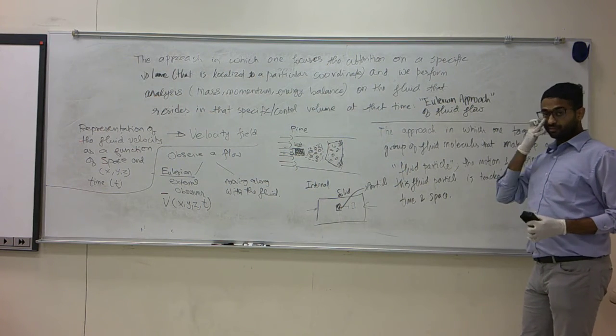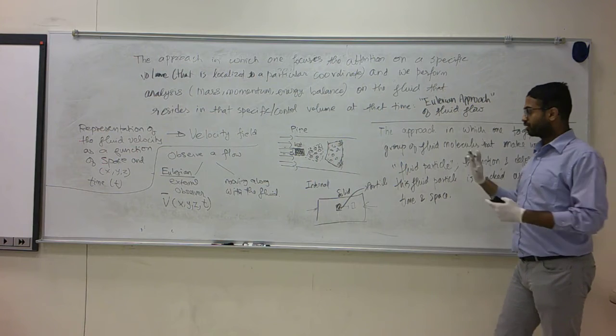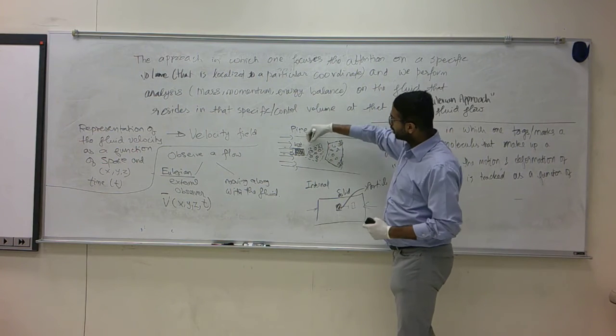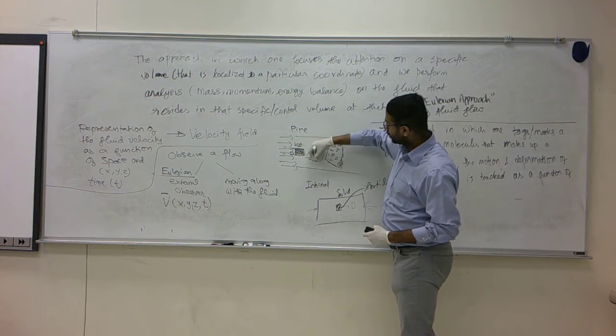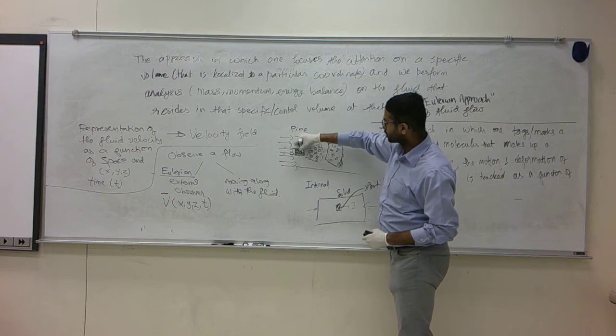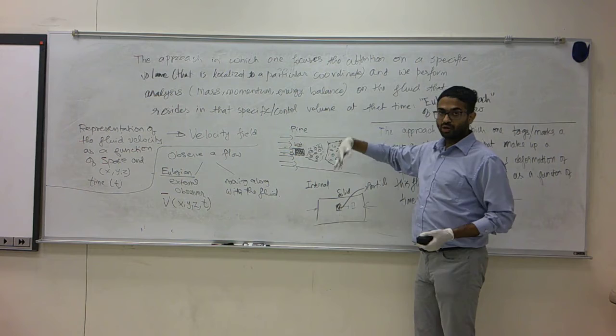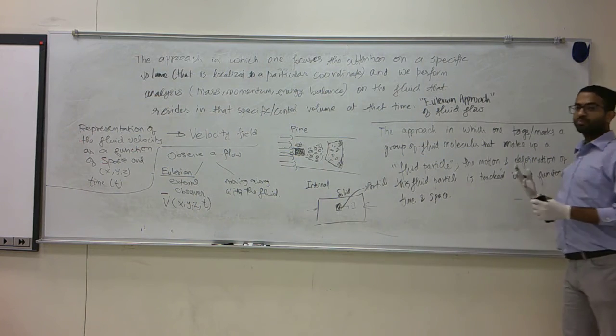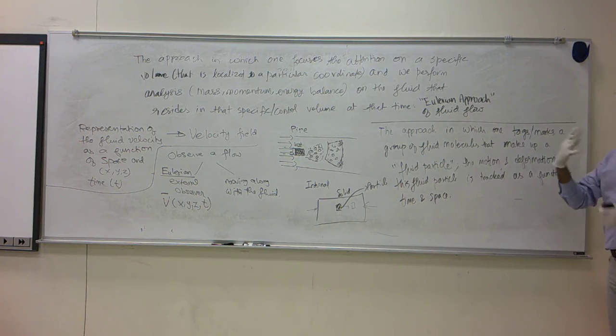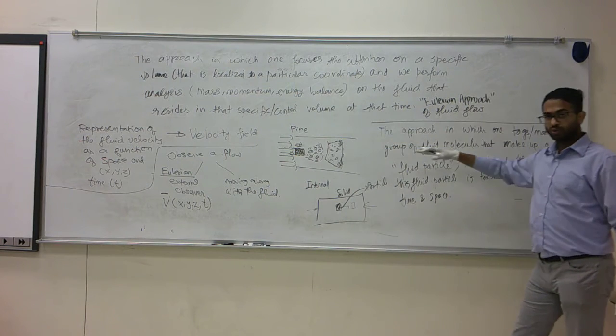This is an extreme example for a solid. For a fluid being what it is, it can change shape easily. The fluid element that was initially like a square or a cube can deform very much depending on what's going on in the flow, and the shape of that fluid particle changes with time and space as it goes through the flow.